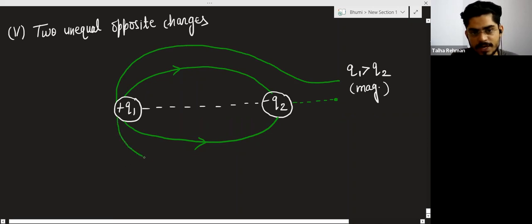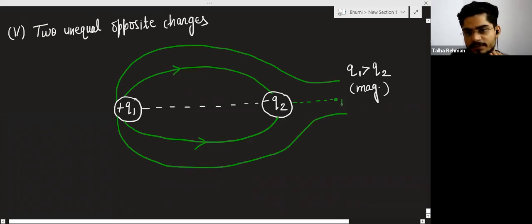I have told you the electric field line will never touch, never intersect the neutral point. N is the neutral point, and here is the neutral point.